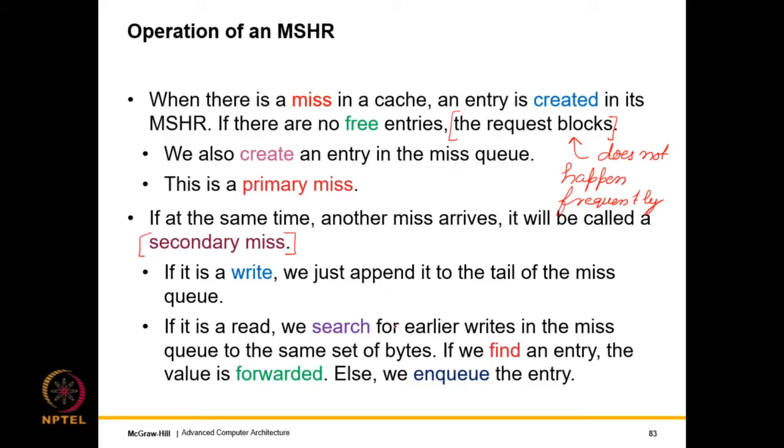Otherwise, we enqueue the entry. We add the entry to a queue, and again it remains in the queue until the entire block comes from the lower level. So what was new in this slide? The forwarding aspect was new, in the sense that the MSHR has a forwarding capability similar to an LSQ.